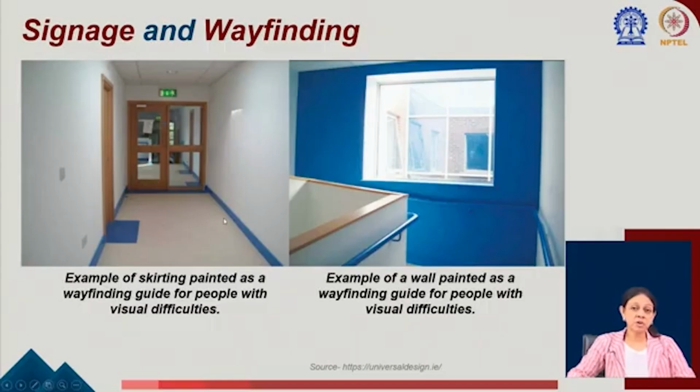Many people do not have 3D perception. For an able-bodied person it might sound very easy to tell where the floor starts, where the floor ends and the wall starts, but for someone who does not have 3D perception, it looks flat, so for him or her these are very important.